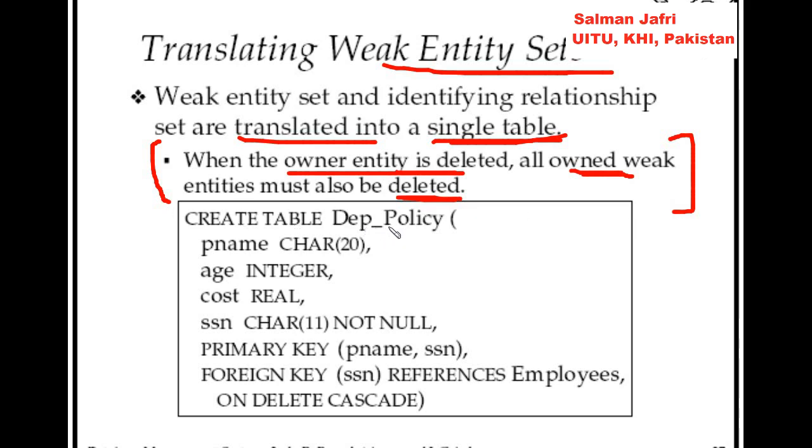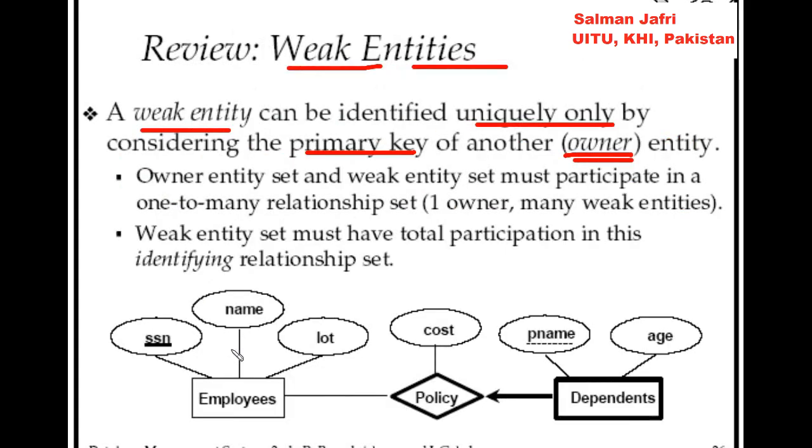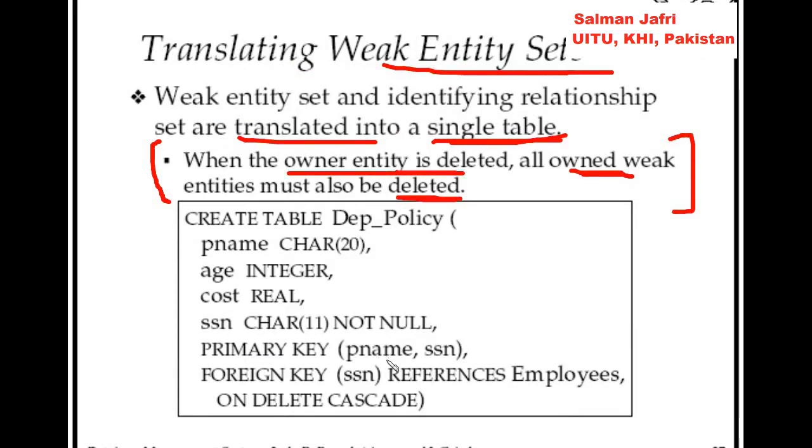So we have created table department underscore policy. This is the policy holder's name. Weak entity attributes, cost, SSN, again not null. And what would be the primary key? Like we discussed before, the primary key would consist of the policy holder's name and the SSN combined.